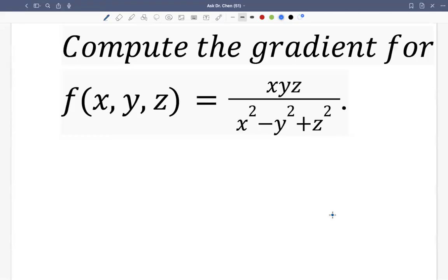Let's see this question. We want to compute the gradient for this function. This function is called a real-valued function from 3-space to 1-space. So the gradient, we can use this sign to represent.